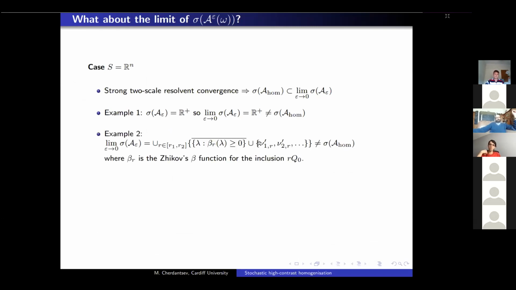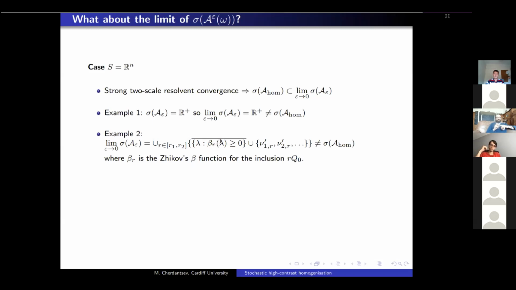Now, if you take the second example where you let the size of the inclusions vary randomly, again the limit of the spectra does not coincide with the spectrum of A home. It's larger. So if you look at this set, which is the limit of the spectrum of A epsilon, it looks a bit similar to how the spectrum of A home is defined for this example, but in fact it's larger if you look at it carefully.